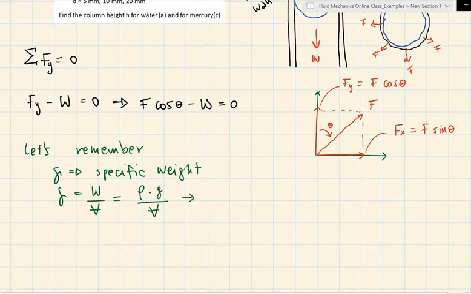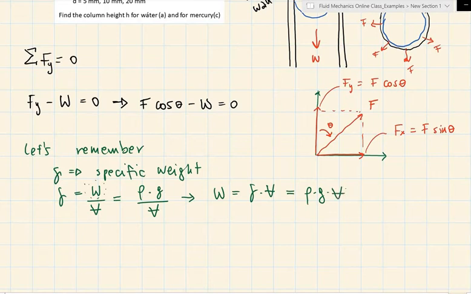Okay, excellent. Now, if we solve for weight, weight is equal to gamma times the volume, and gamma is rho times g, so we multiply that by the volume.